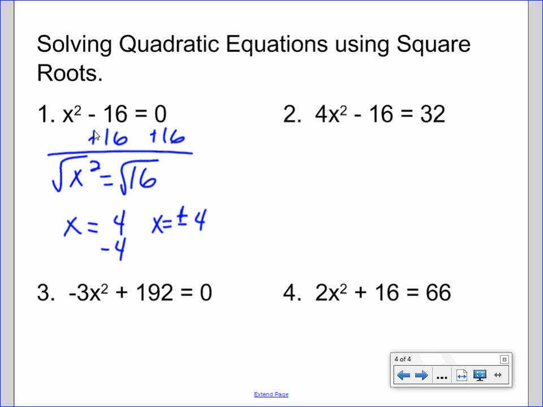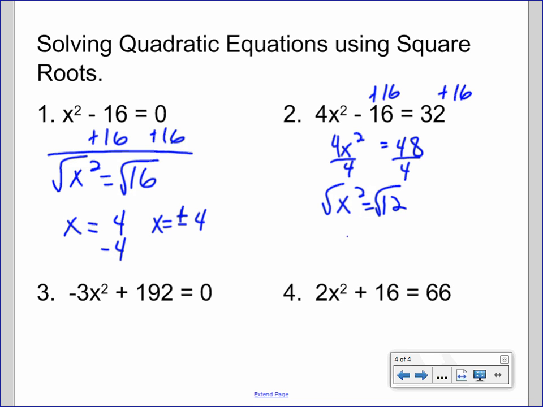Okay, this next one, you would add the 16 and you'd have 4x squared equals 48. You'd divide by the 4 and you get x squared equals 12. So what do I do now? I take the square root of both sides, and for today's purposes we're going to approximate.